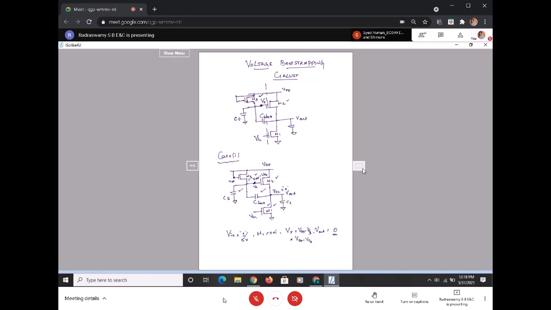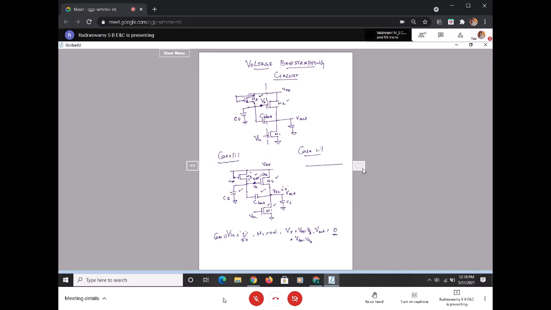That is, the drop is because of the M3 transistor. So this is what we have for case 1.